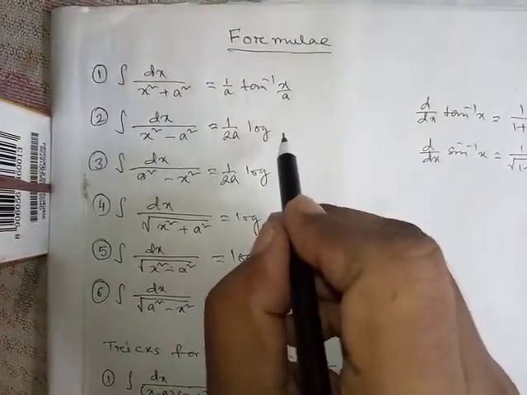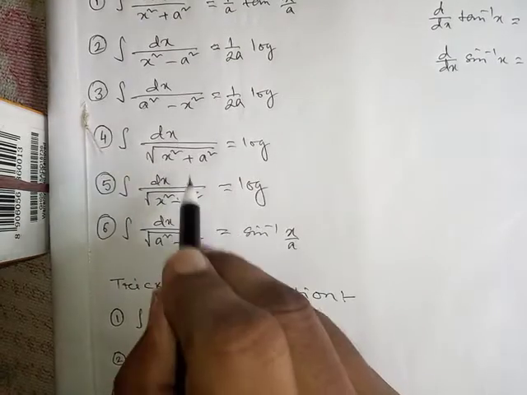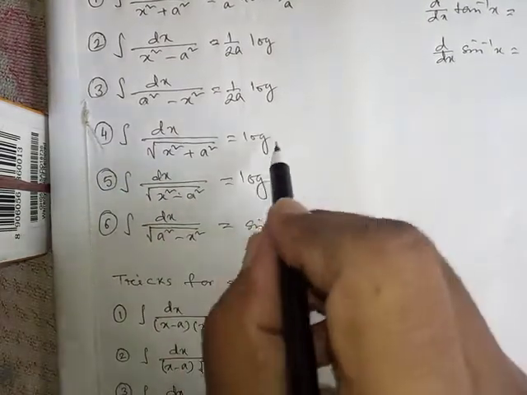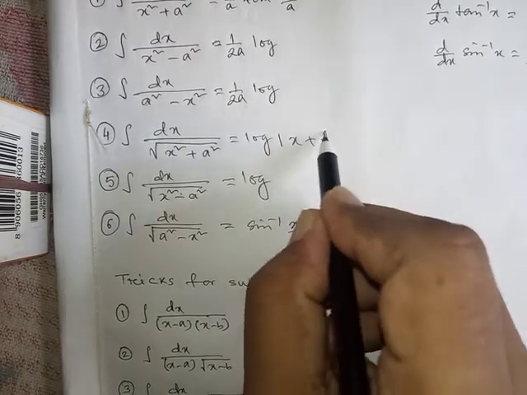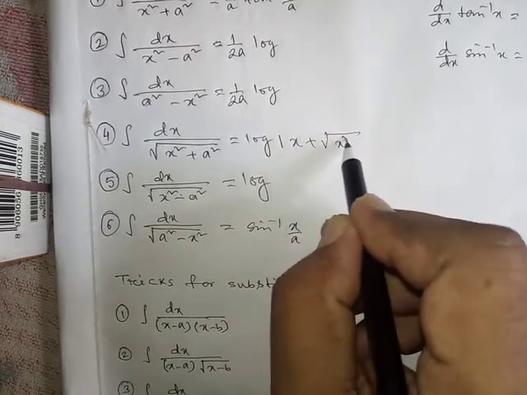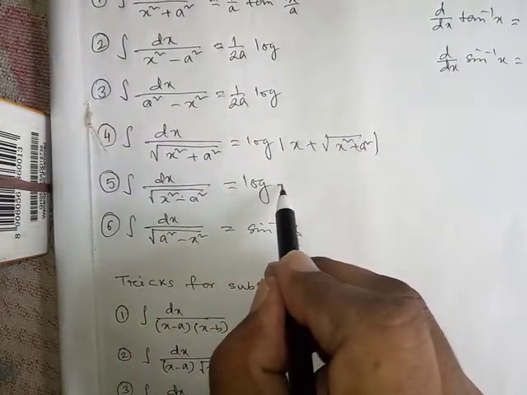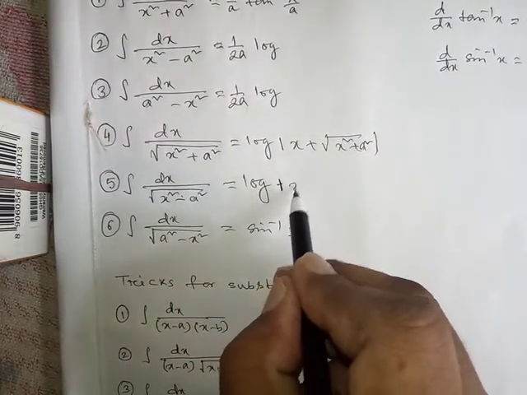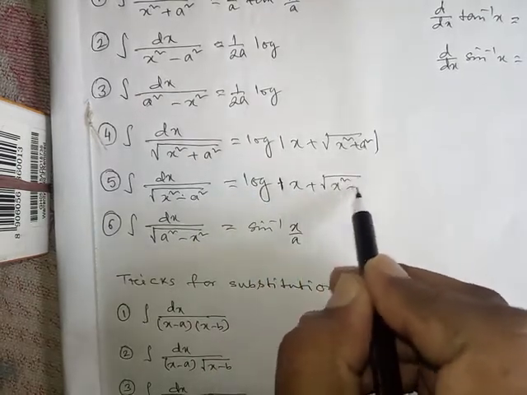Now this one, as I told you, is so tightly bound that it won't be broken even. x plus whatever you had, that will come. Here also the root cannot be broken, rather mod of x plus whatever you had, that will come.